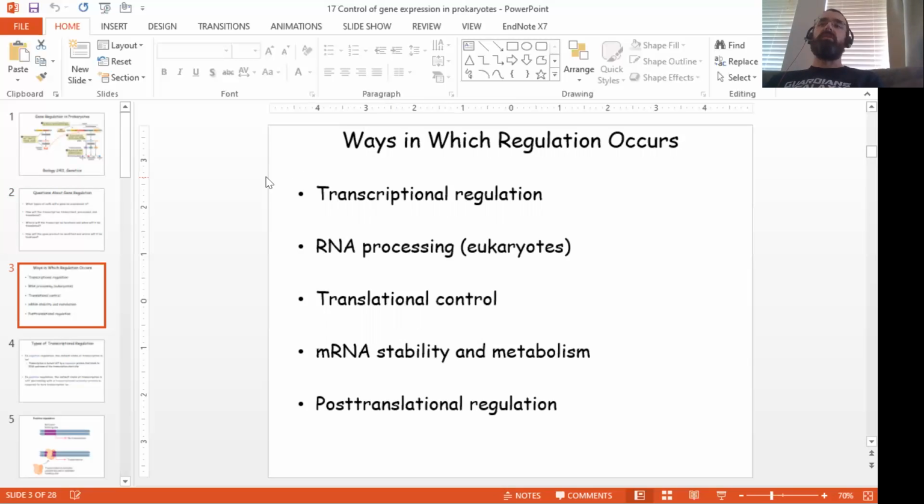When or where do you turn this gene on? That's a very important one too. It's not to be trivialized, but it's only part of the picture, because you've got all kinds of other stuff going on. You've got RNA processing and splicing, so we're going to talk a little bit about alternative splice isoforms later next week.